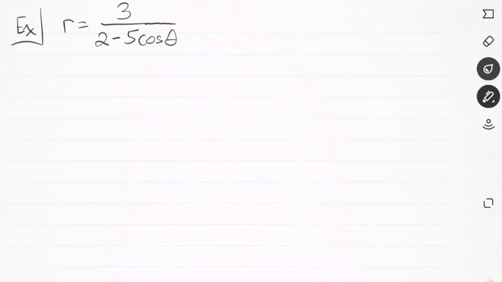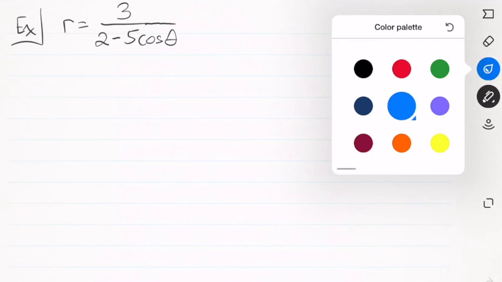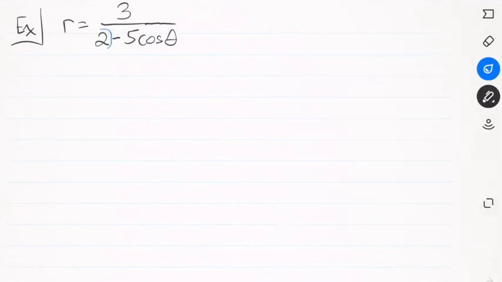All right, this is my very last example. So we have here r equals 3 over 2 minus 5 cosine of theta, and we need to convert it. So we're going to convert it the same way. We're going to divide everything by 2 to start with. So we're going to get r equals 3 halves over 1 minus 5 halves cosine of theta. All right.